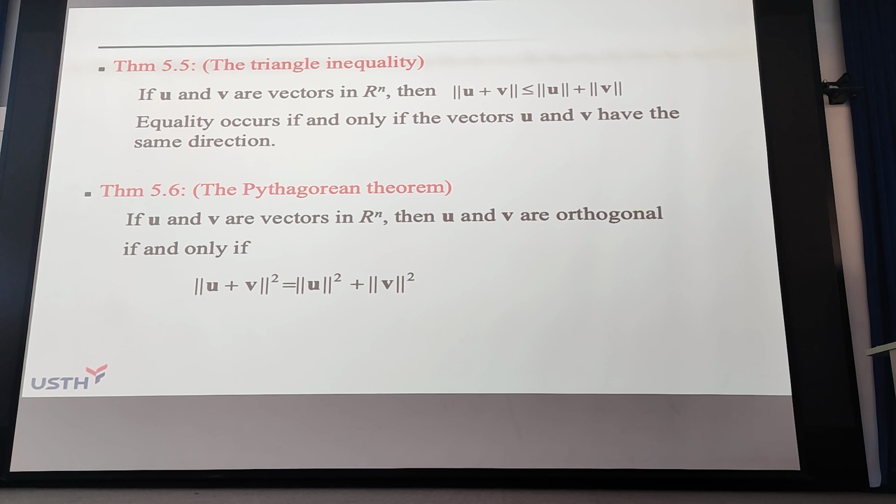And the equality occurs if and only if the vectors U and V have the same direction. And the last one is the Pythagorean theorem, saying that U and V are orthogonal if and only if we have that equality.